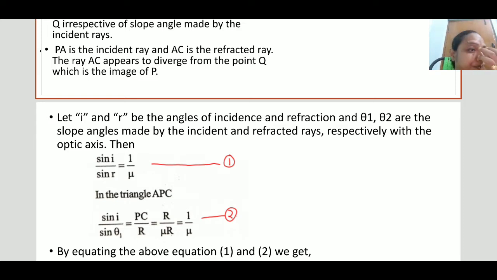According to Snell's law, the first equation: sin I by sin R is equal to 1 by mu.